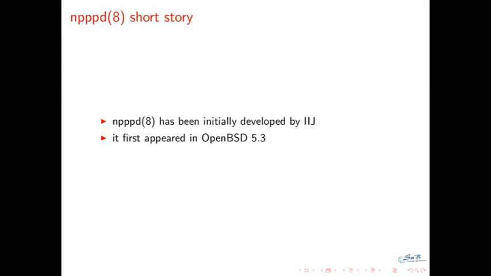It was initially developed by IIJ, which is Internet Initiative Japan, and it first appeared in OpenBSD 5.3, which will be released next month. Anyway, it was for about a couple of years in source code, so I started working on it and using it in production, even if it was not yet linked to the build.